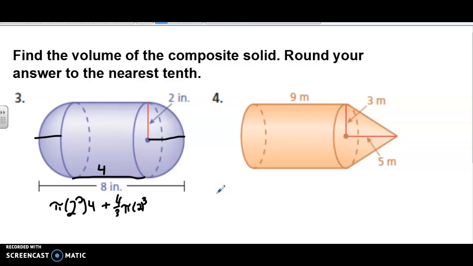We have pi times 4 times 4 again. Then we're going to add 4/3 times pi times 8, which is 2 cubed.